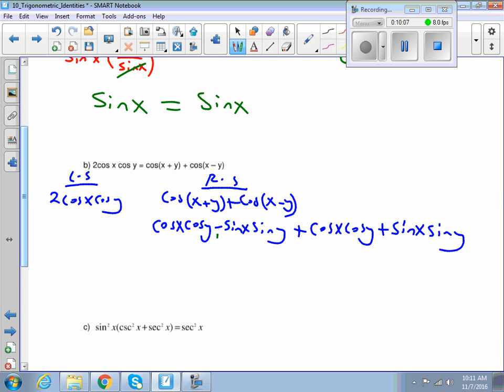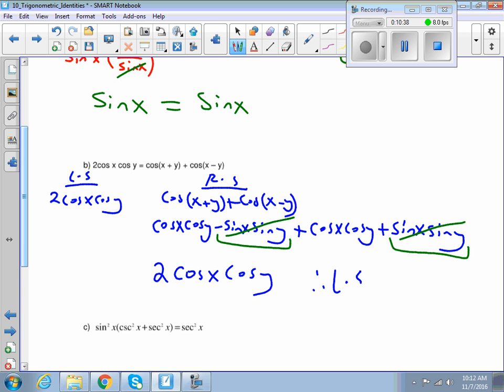Here you have minus sine x sine y, here you have plus sine x sine y, so they cancel out each other. They add up to 0. So you have cos x cos y and another cos x cos y. Two things that are like each other, they add up, and you get two of them. Apple and apple makes two apples. So cos x cos y and another cos x cos y will make 2 cos x cos y, which is the same thing as what I had on the other side. So again, therefore left side is equal to right hand side, QED.